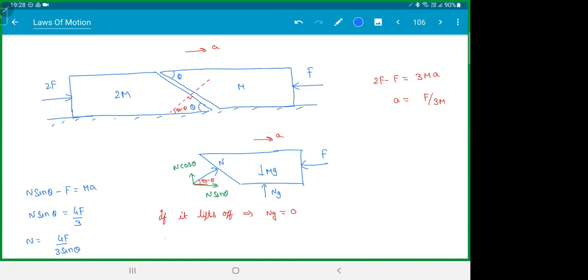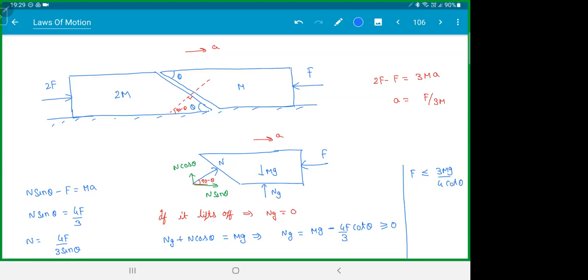So from here, try to find N ground. N ground plus N cos theta should be equal to mg. So we get N ground is equal to mg minus N cos theta, that is 4F by 3 cot theta. And this should be greater than or equal to 0 because you don't want to lift off. So from here we get F should be less than or equal to 3 mg by 4 tan theta cot theta.